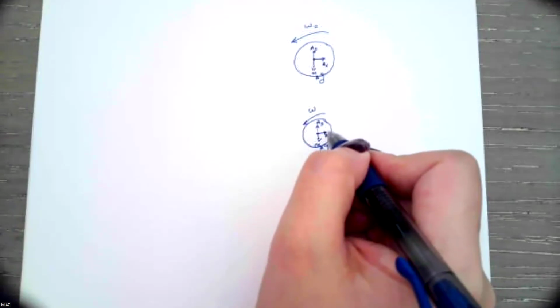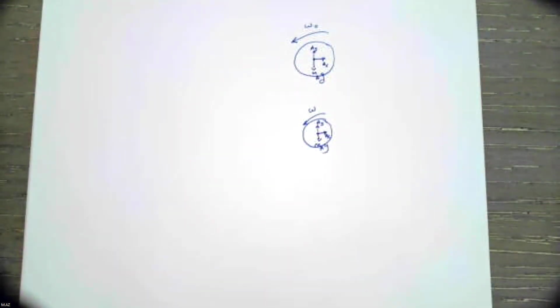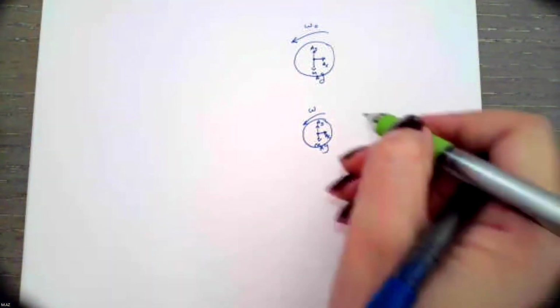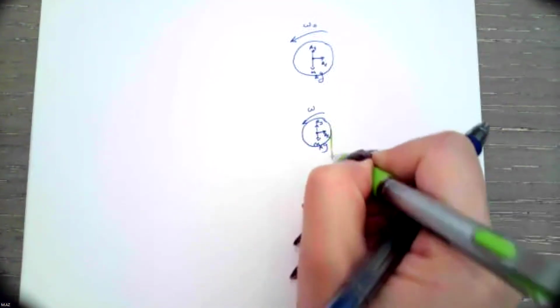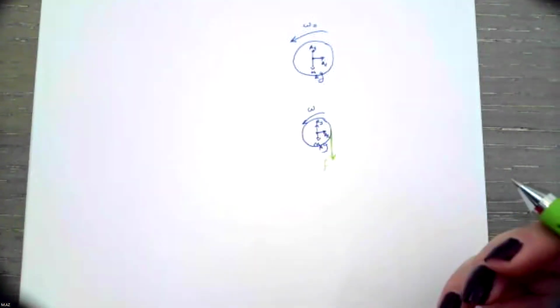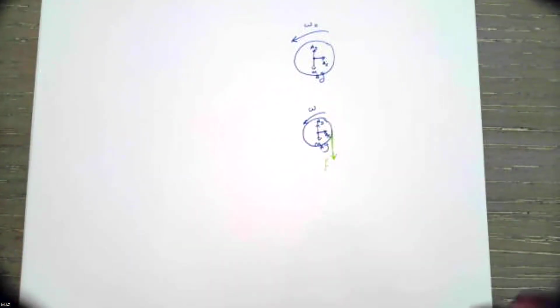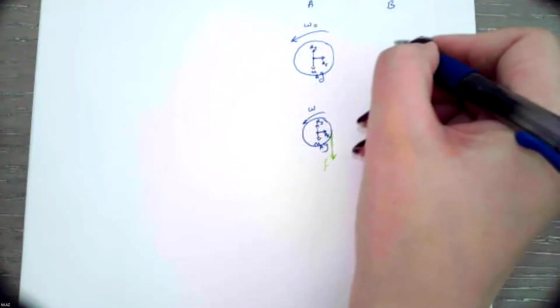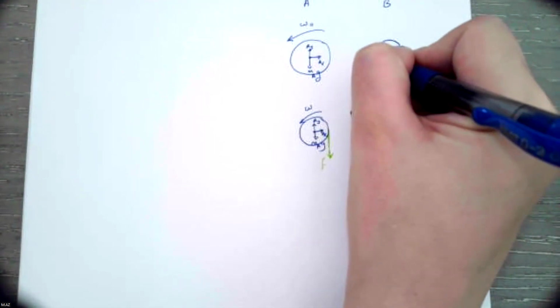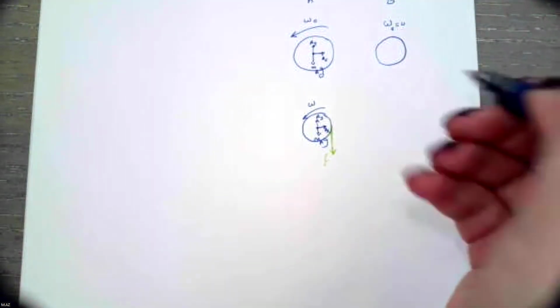Once disk A is rotating in this way, the friction is opposite to the motion. For this reason, the friction is applied in this way, because the friction tries to reduce the speed of disk A. This is all the information for disk A, and this is disk B. At the start point, the omega is 0.